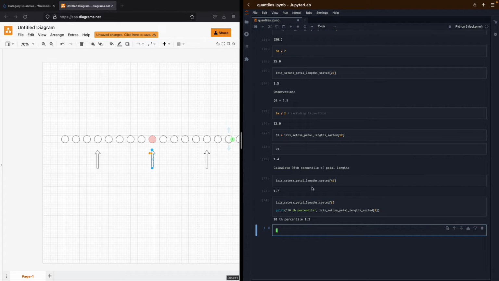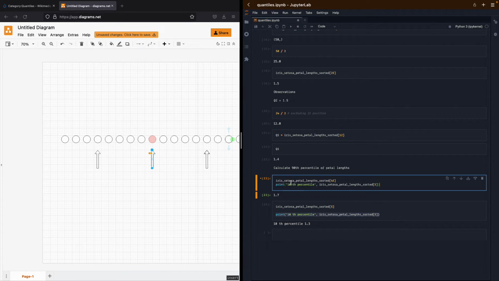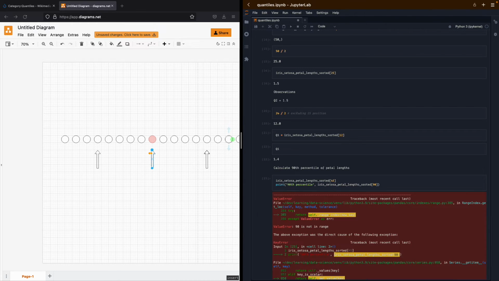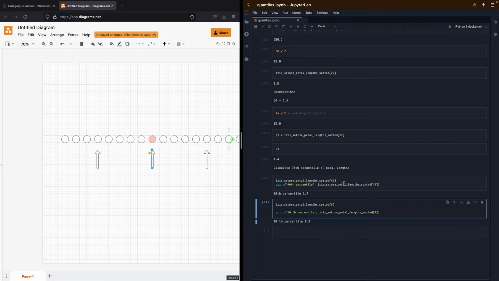This 10th percentile is 1.3. And our 90th percentile is, oh no, not 90, 45. It will be out of index then.